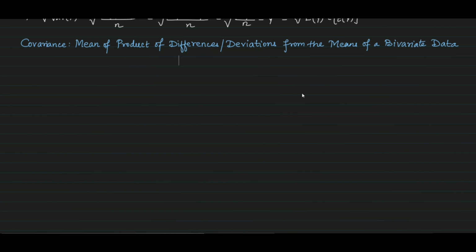So yeah, covariance of x comma y is summation of x minus x bar times y minus y bar the whole by n.